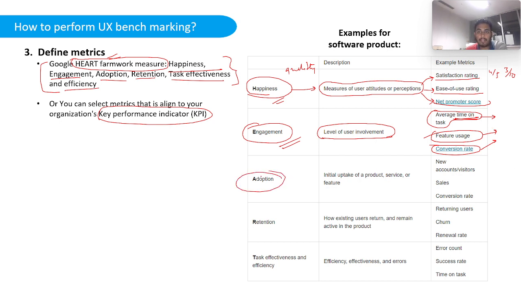Now adoption. Adoption means initial uptake of a product, service or feature. When you ask the person to do a particular task, the first thing we need to consider is how adaptive that interface is. That means learnability aspects come into the picture for a new user.